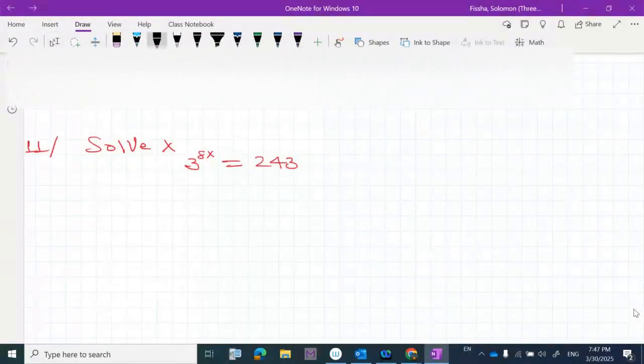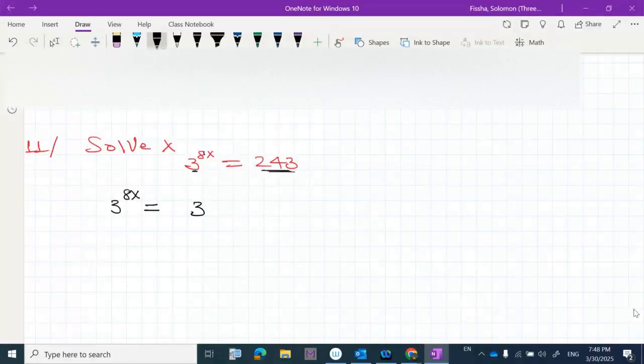It's kind of similar to one of the previous problems. You have base 3 here, so you have to think about writing this in base 3, and then you will see what exponents to equate. 3 to the 8x equals 243. 243 is a power of 3, obviously.